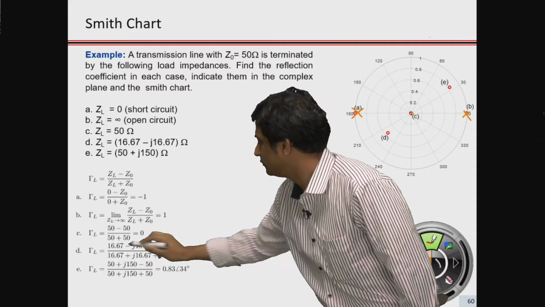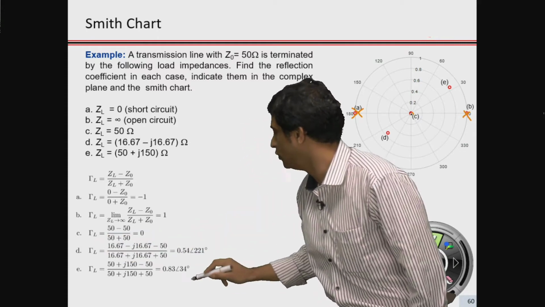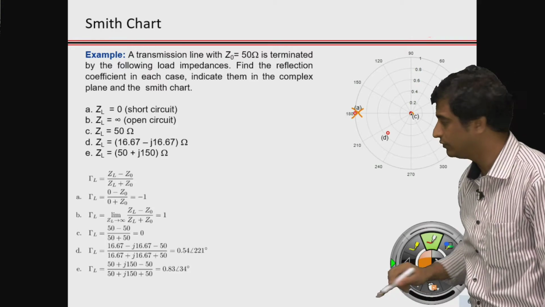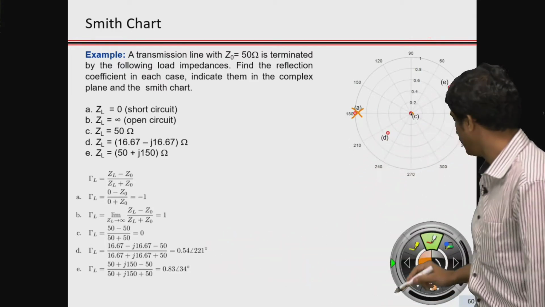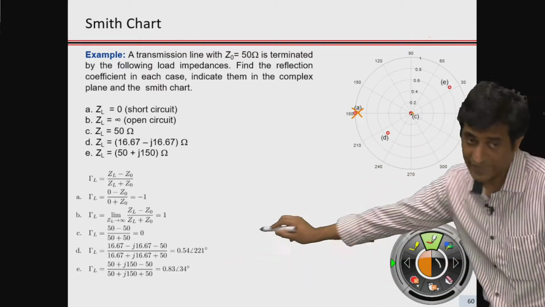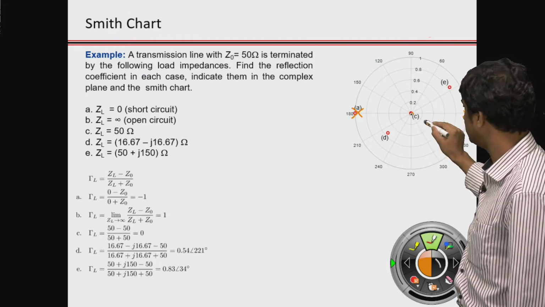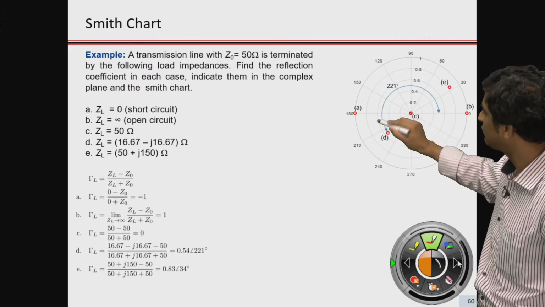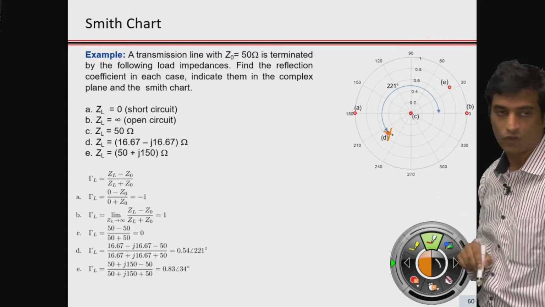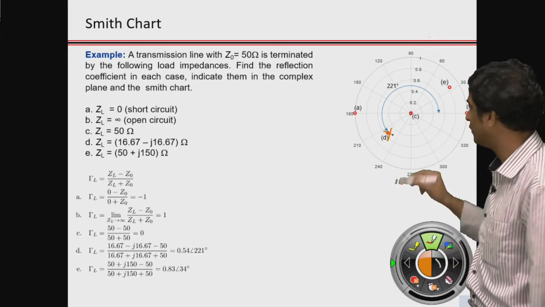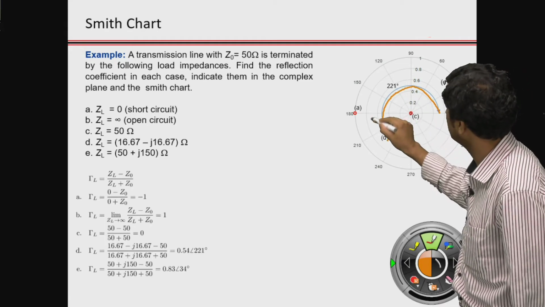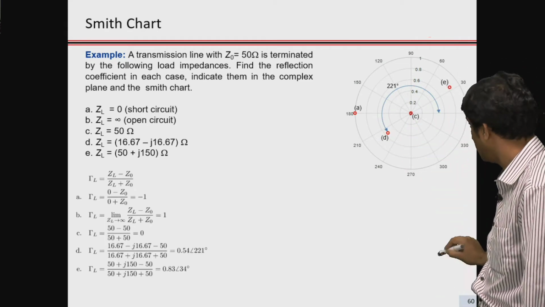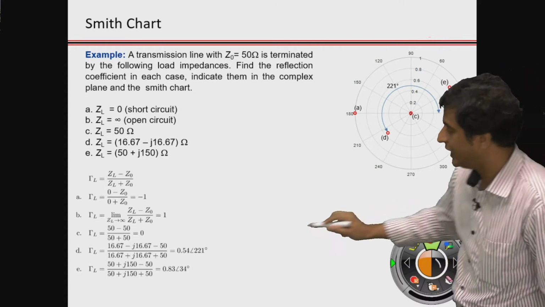For load D, the reflection coefficient has 0.54 as the magnitude and the phase is 221. The phase, remember, is always measured from the x-axis, and that point maps to this particular point in the complex reflection coefficient plane. This particular angle is 221 degrees. How about the inductive load?